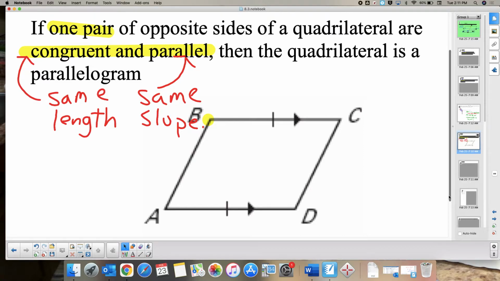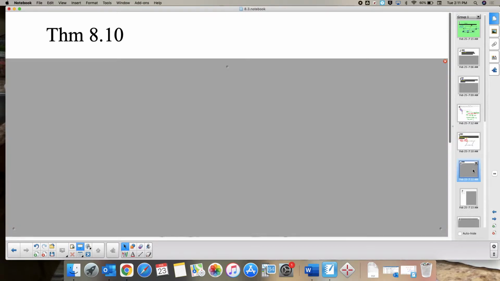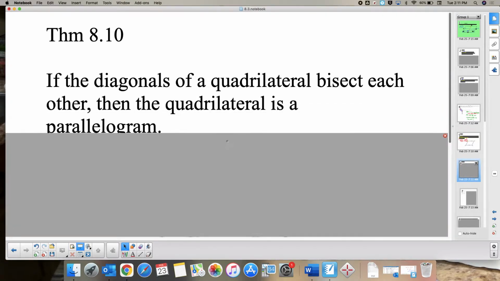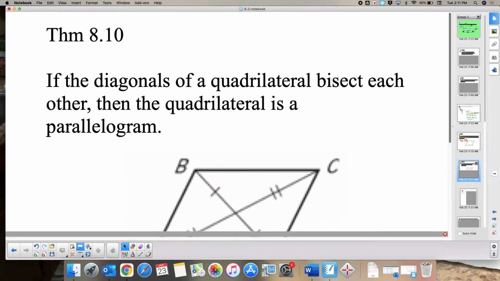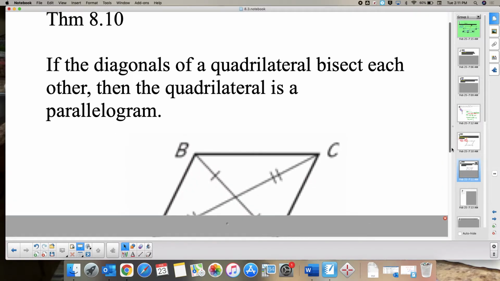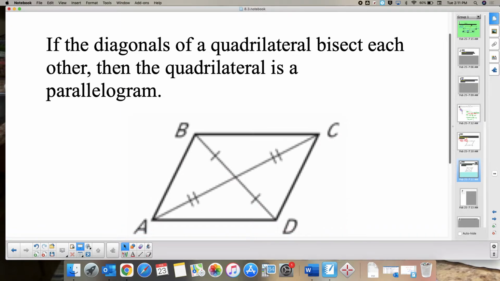Now the final way we can show it is to show that those diagonals bisect each other. Right, so those diagonals would have to cut each other in half.